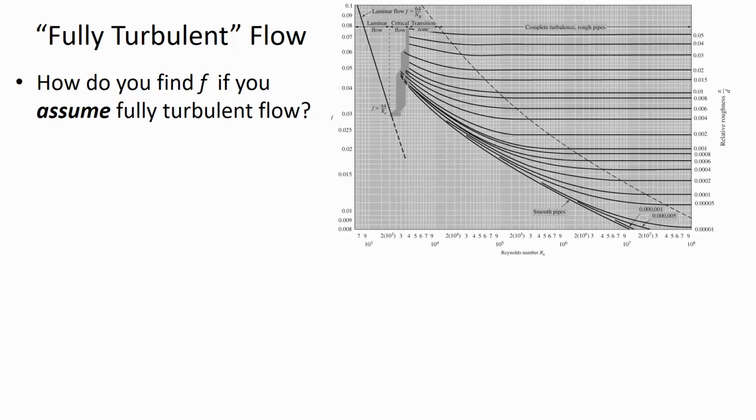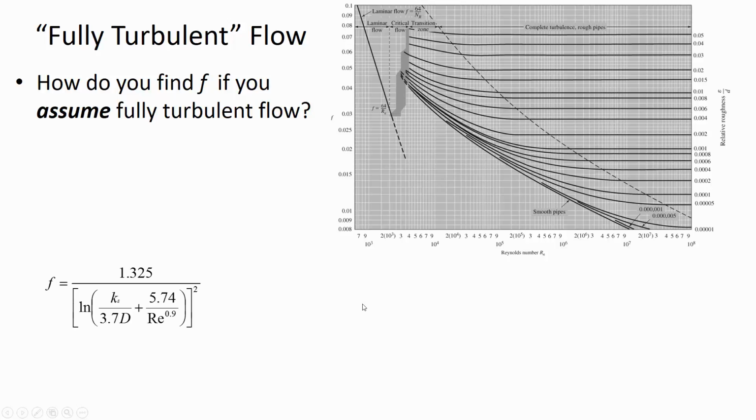You've seen some of those situations already, like with the three reservoirs problem, where we don't know what the velocity through the pipe is, and so we can't guess what the roughness might be. Well, one of our moves is just to say, as a starting point, let's assume that the flow is fully turbulent, meaning to the right of that dashed line. We'll assume it's fully turbulent, and later on we'll check to see if that's true, but that assumption is going to give us a better guess than just picking some midpoint, or certainly better than picking some extreme within the range.